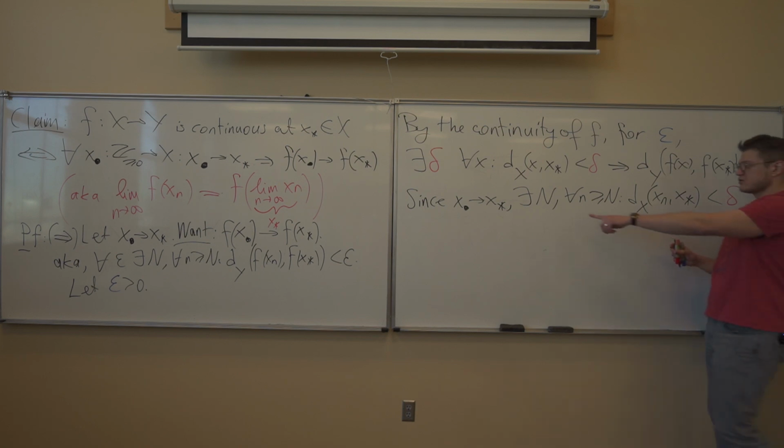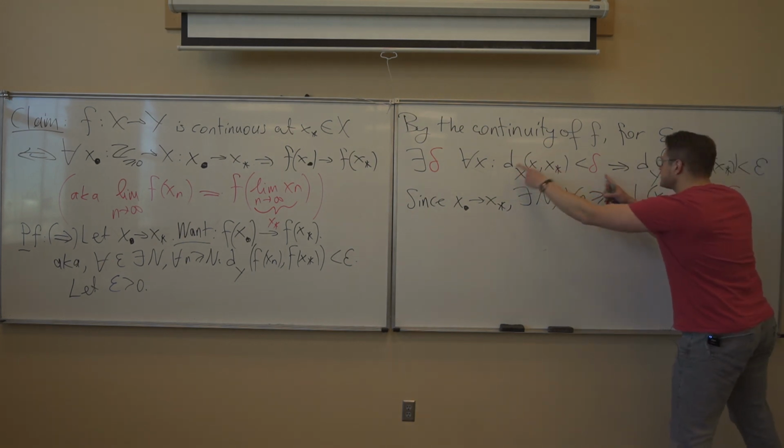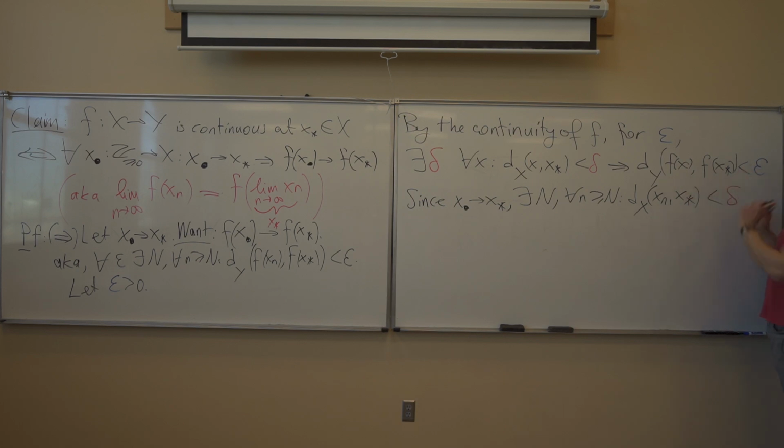Okay. But then if for all lowercase n after capital N, this happens, by chaining this with this, I also have that the images are epsilon close.